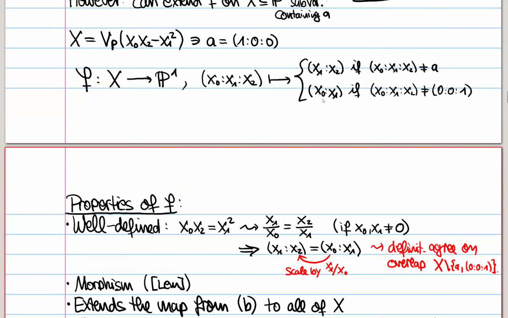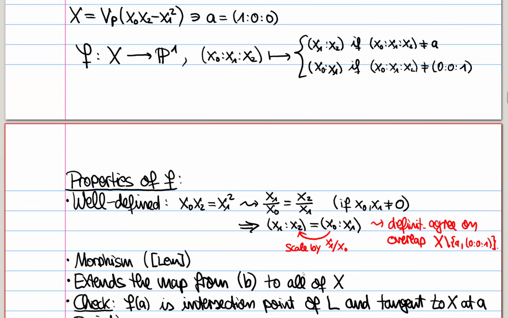So if we restrict it to X, we get again a morphism. And so we have basically covered X by two patches on which this thing is a morphism, so it is a morphism. Okay, so we have a well-defined morphism, and clearly it extends the map B, this projection that we had, to all of X.